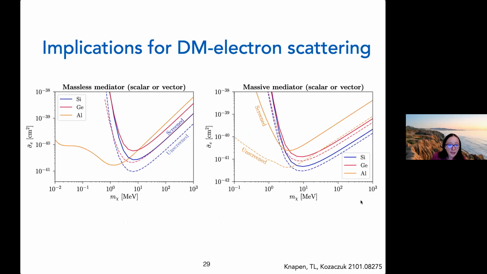And you can see how that looks translated into the reach in terms of cross section. Again, the dashed lines are the unscreened results that were obtained previously, and the solid ones account for screening. Again, for massless, it's about a factor of 3 everywhere, and for massive, a much smaller factor.